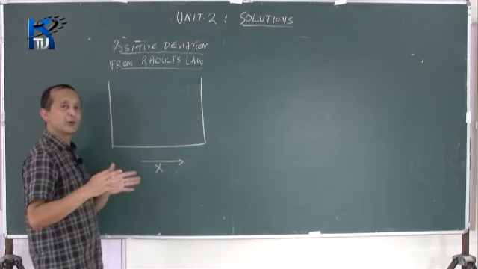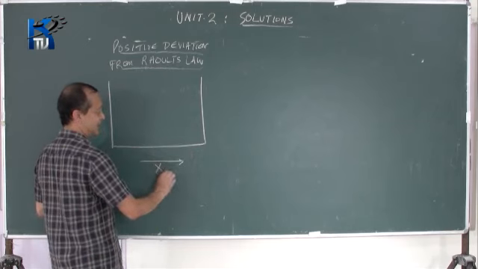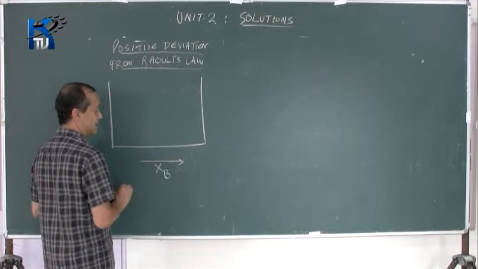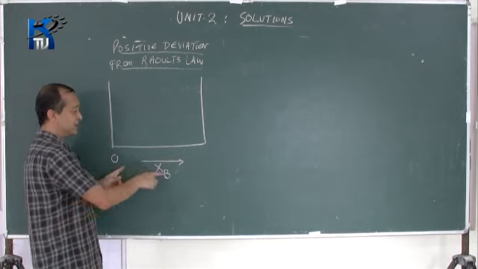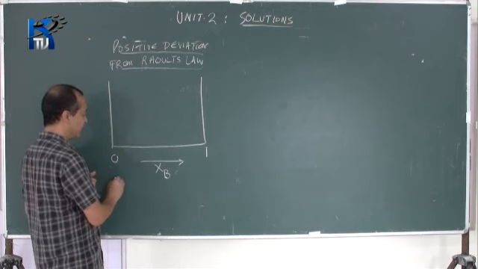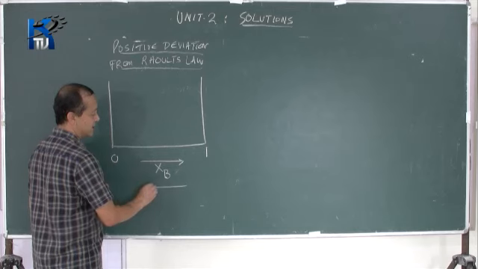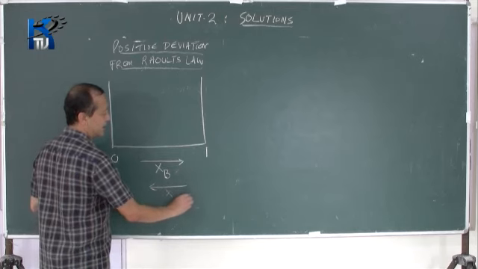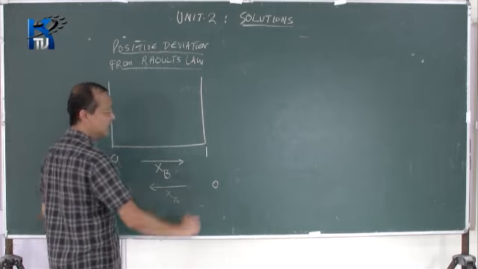When there are two components A and B, we will represent this axis in the forward direction with the mole fraction of B. So mole fraction of B starts from 0 to 1, and that means the mole fraction of A will start from 1 and end with 0.